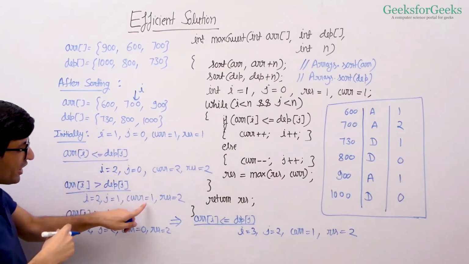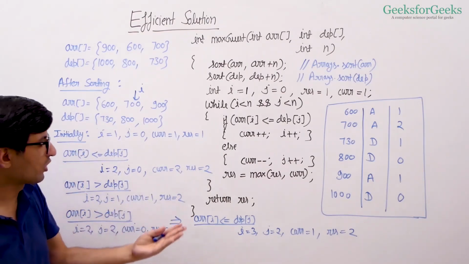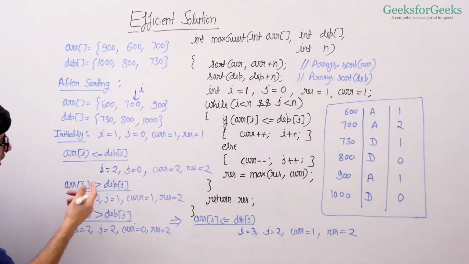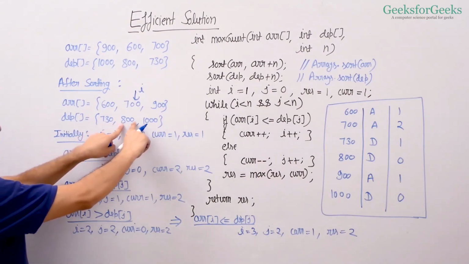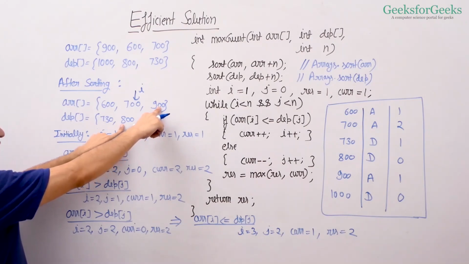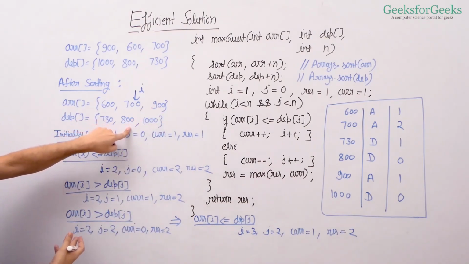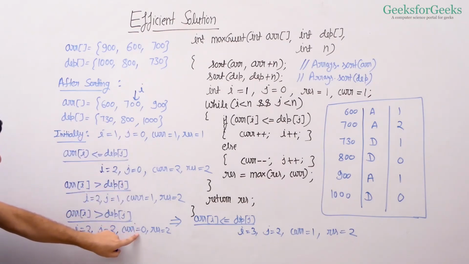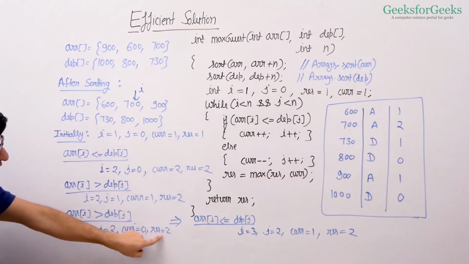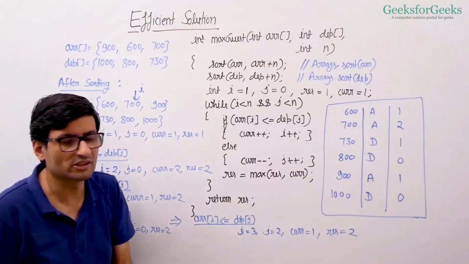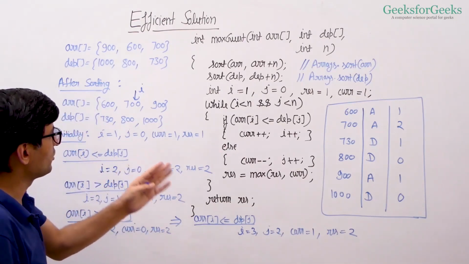And we decrement the current count and we do not update the result because current is less than result. So our j has come to 1 and our i is here. Now we are going to compare these two, right? 800 and 900. 800 is again smaller. So we are going to make the count of guests 0 and result stays the same as 2, right? We have current as 0, less than result. Now we are going to go to the next iteration.